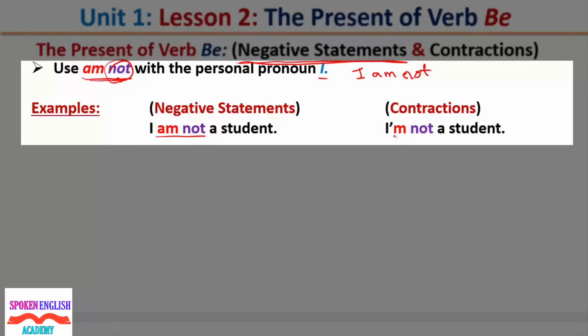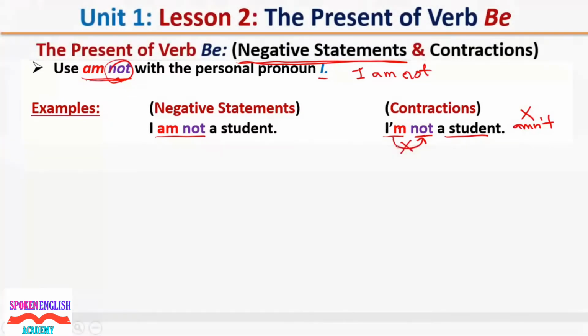The contracted form, I'm not a student. Notice here that the verb am is not contracted with the word not. So we cannot say "amn't." This is wrong. Am and not cannot be contracted.